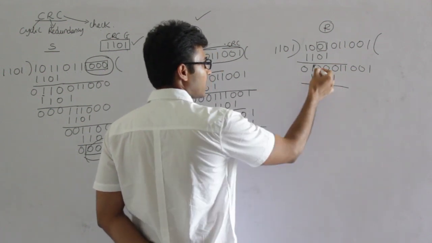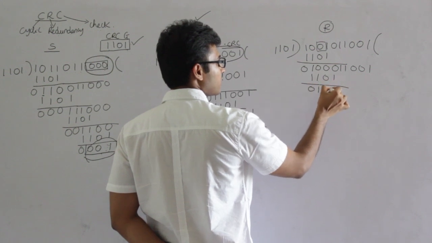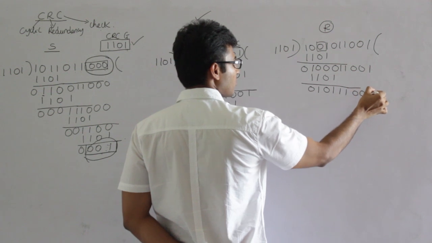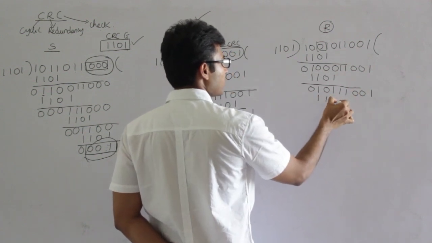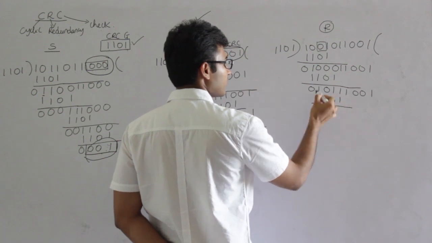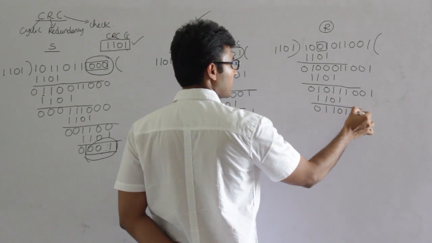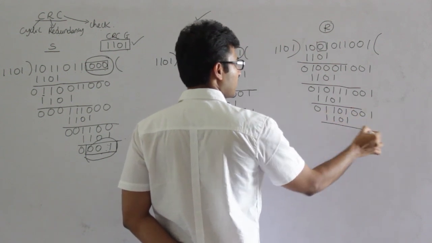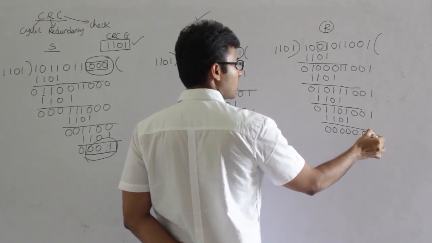Now apply exclusive OR again, which means 0 1 0 1 1 1 0 0 1. Again start from the leading one, 1 1 0 1. Then what is it? 0 1 1 0 1 0 0 1 1 1 0 1. Then what is it? 0 0 0 0 0 0 1.